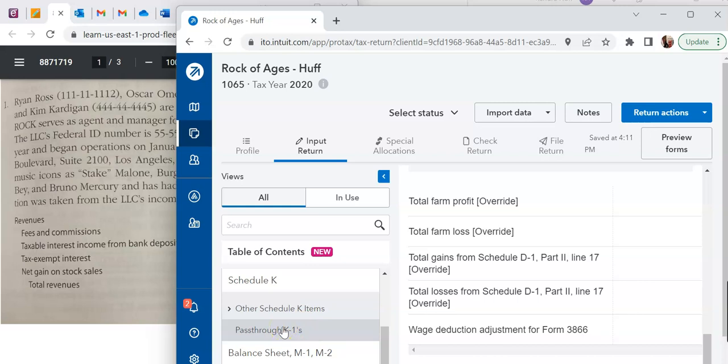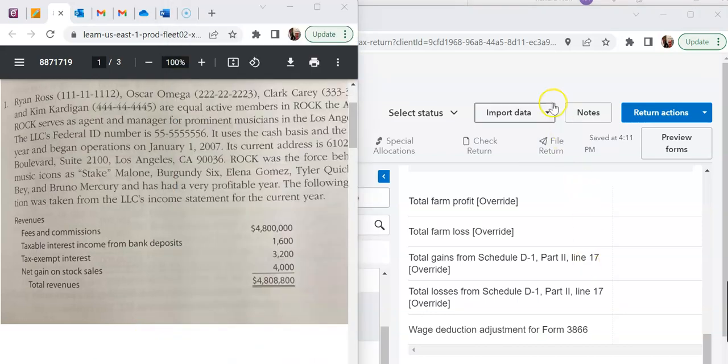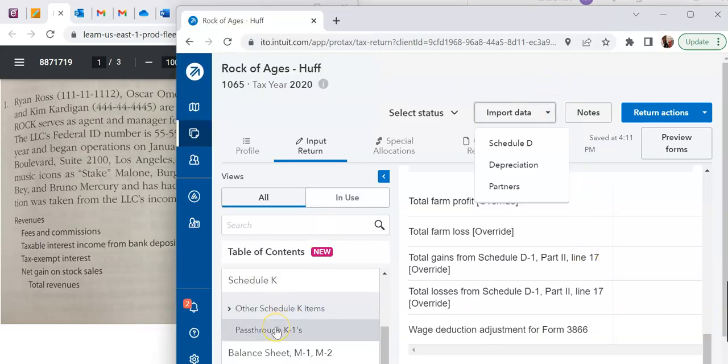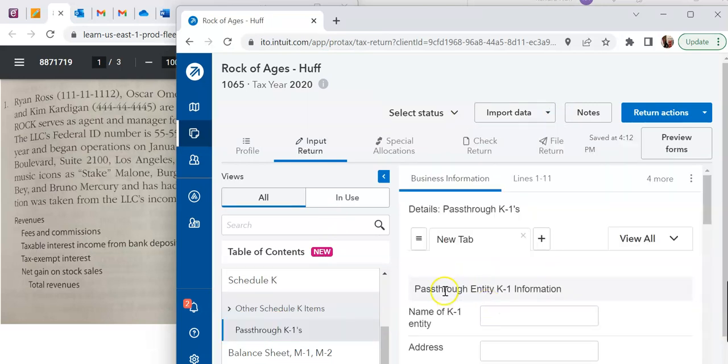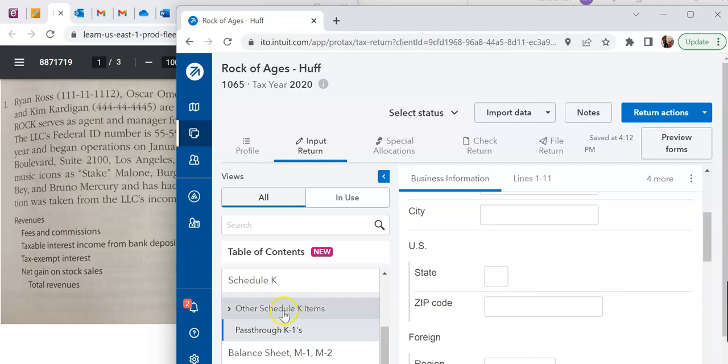All right, interest, I'm pretty sure is a pass-through item. So pass-through K-1s, let's see. I would call it a pass-through. Oh, that's not what that is asking.